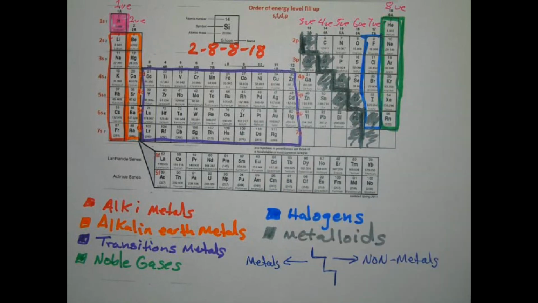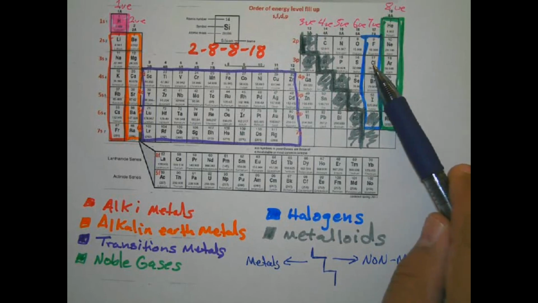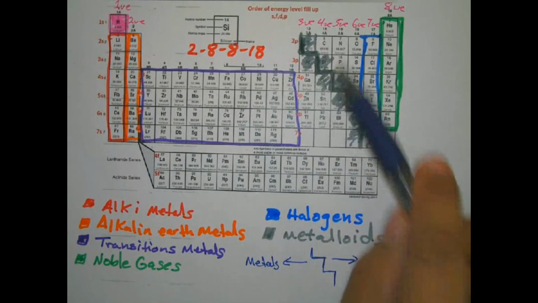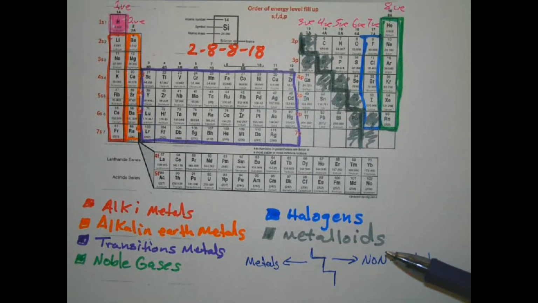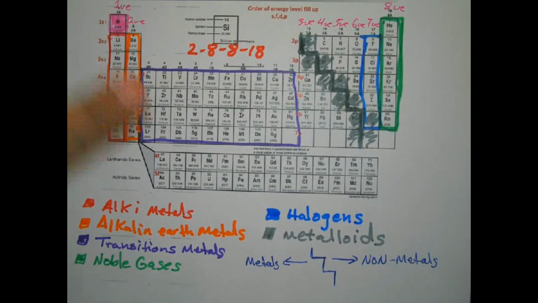Since we know this side is nonmetals, this side is metals, all the elements that touch that zigzag line we call metalloids. Well, we call them metalloids because they have characteristics. You know, metals have certain characteristics, nonmetals have certain characteristics, but these elements who touch the line kind of have characteristics in both of them.